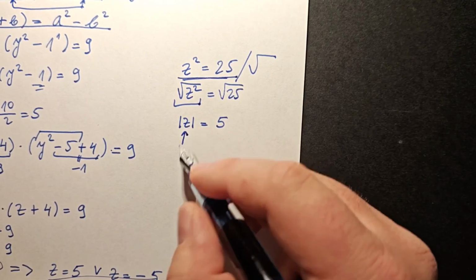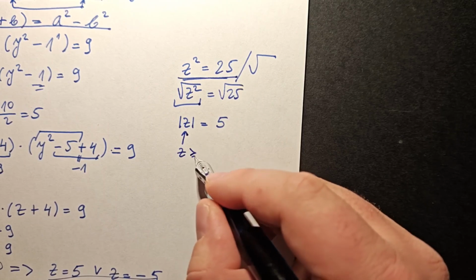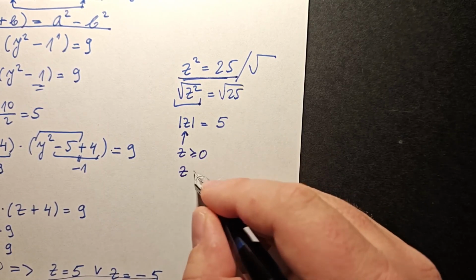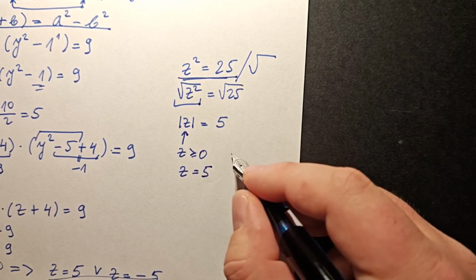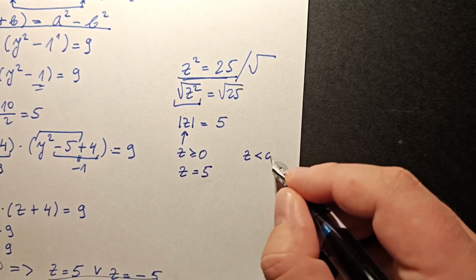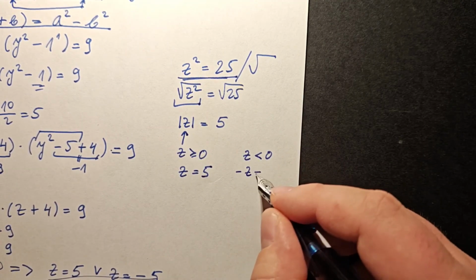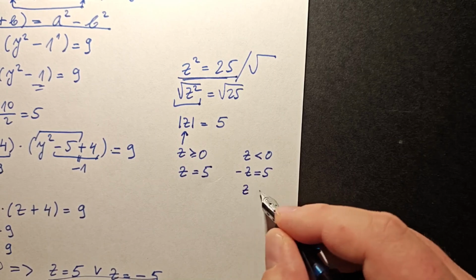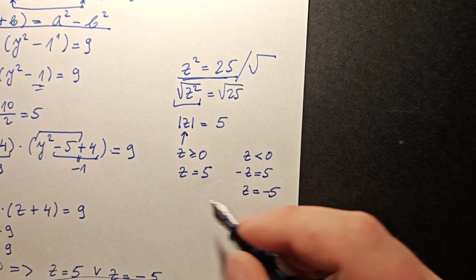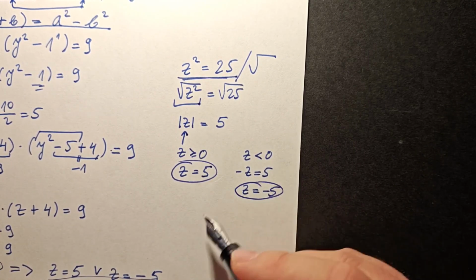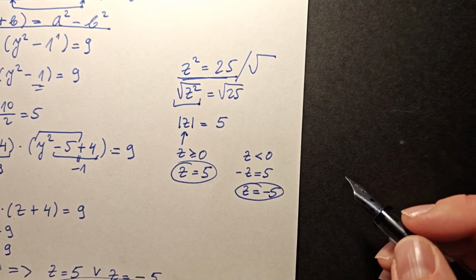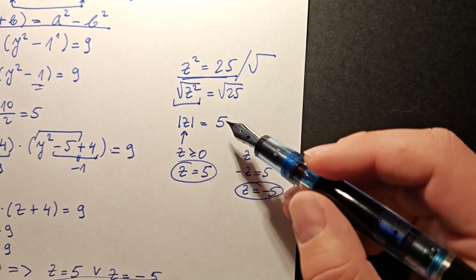So we are going to get for z larger or equal to 0 that z is equal to 5. And in the case where z is negative, we get that negative z is equal to 5, so z is equal to negative 5. And we get the two solutions that are expected. So just a little note here.